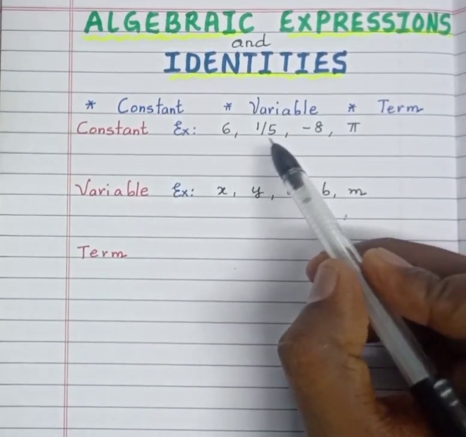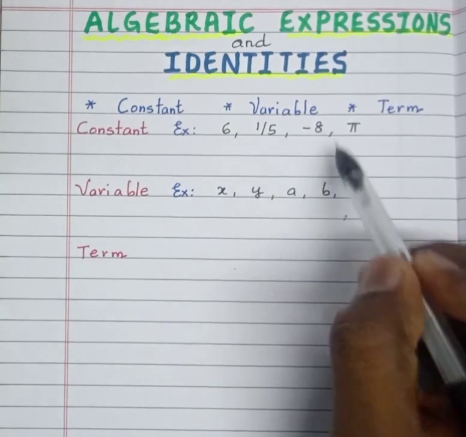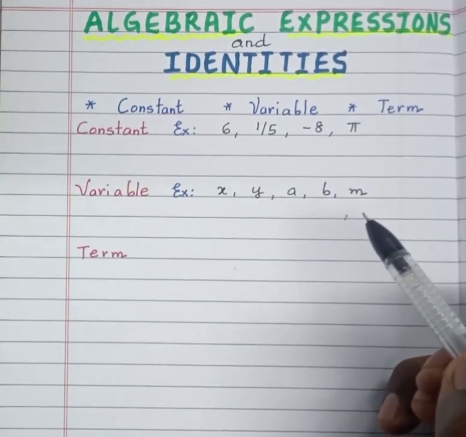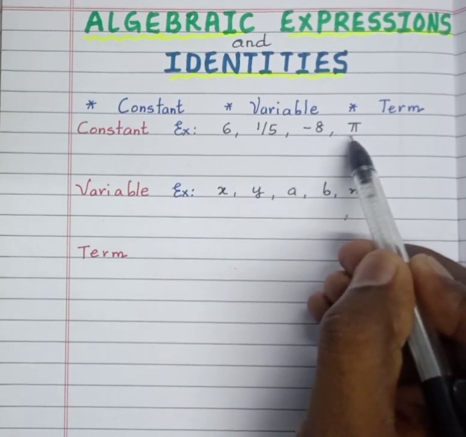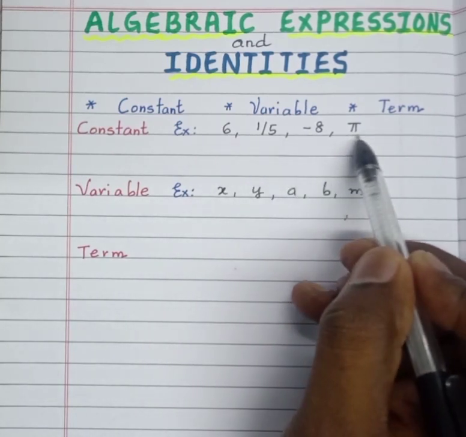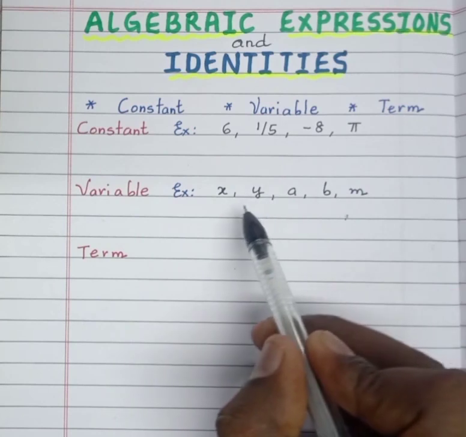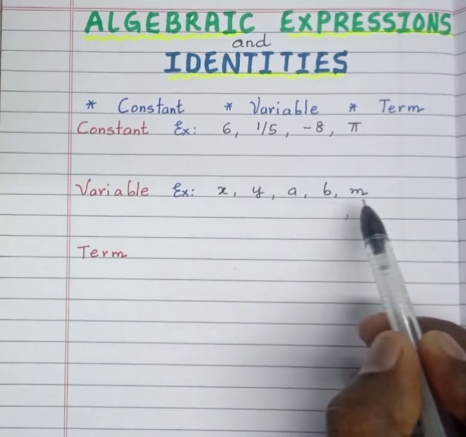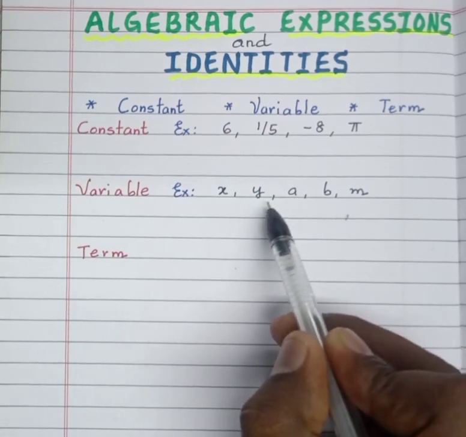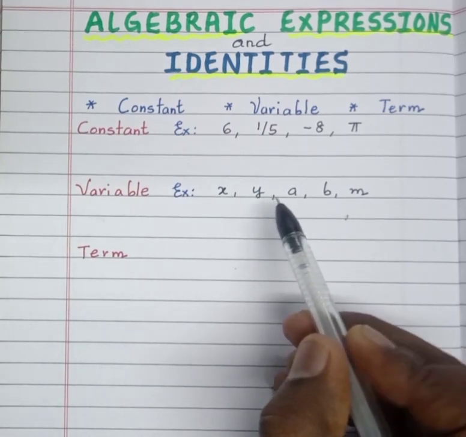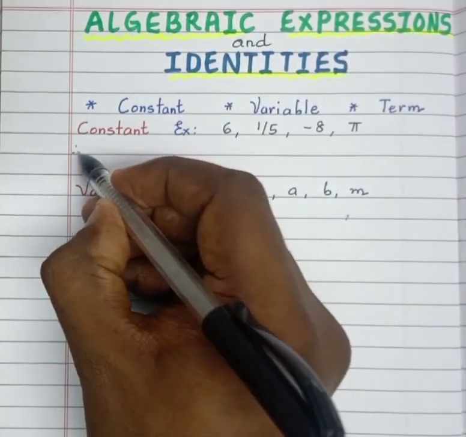Now compare constant and variable. If you observe, the constants are those which have fixed values. We have used numbers, but for variables we have used alphabets, that is x, y, a, b, m or any alphabet.